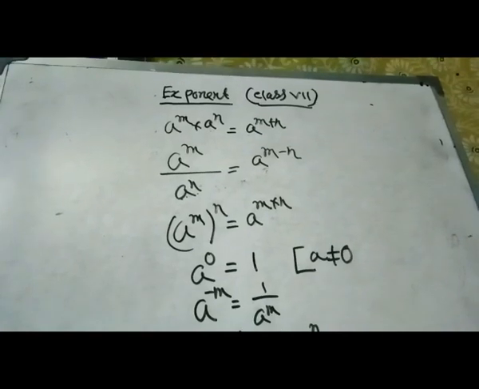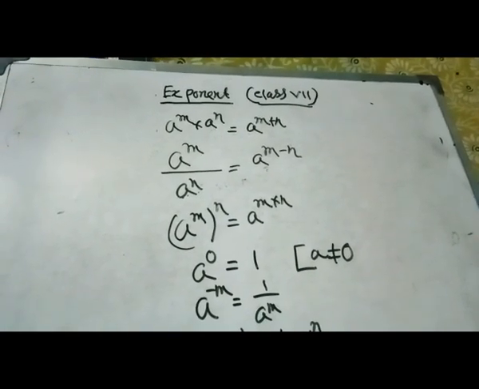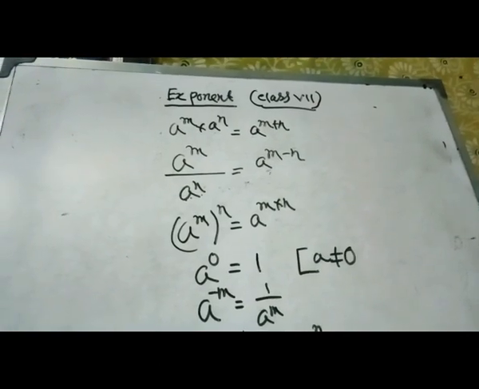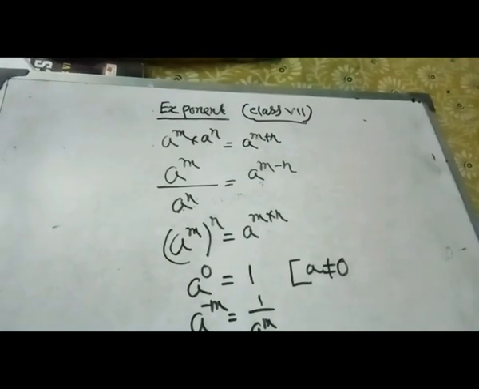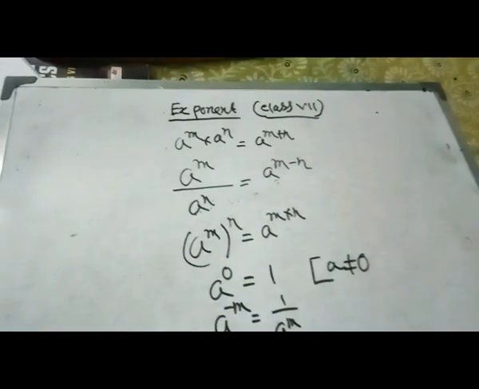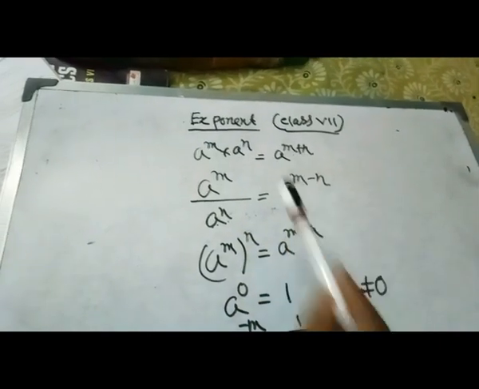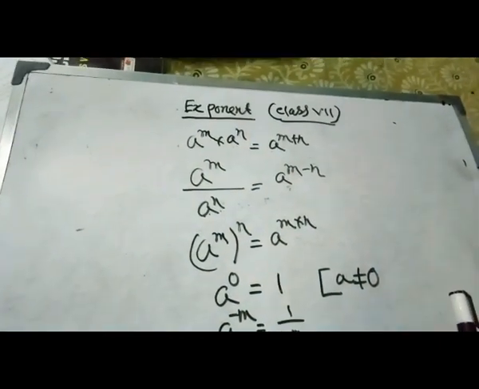Students, today we are going to discuss a few formulas on exponents. See, here I have written a to the power m into a to the power n equals a to the power m plus n. So what is the rule?